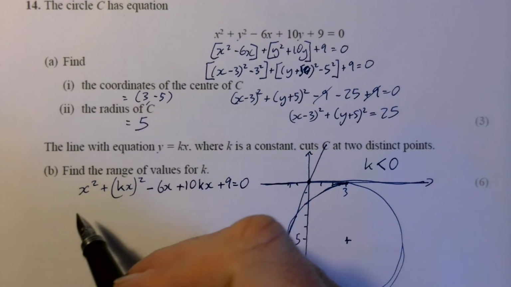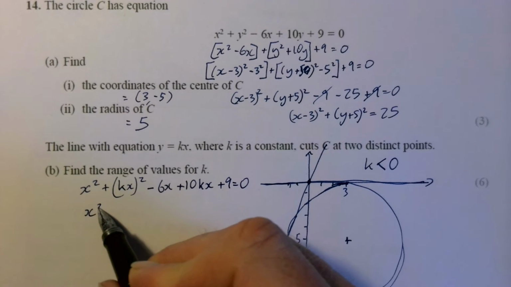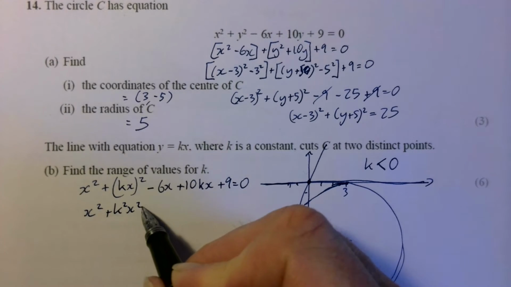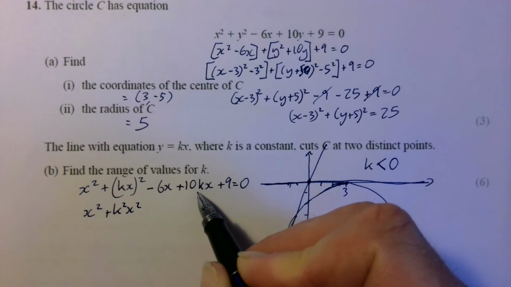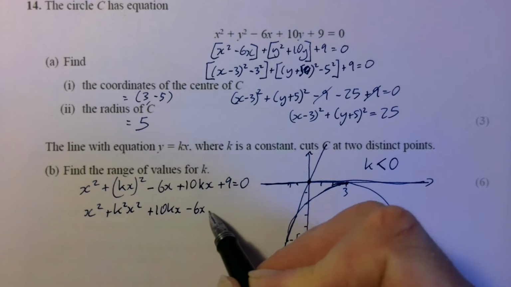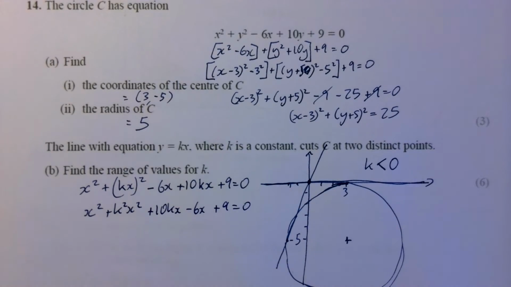So if I just open here, I'm going to have x squared plus k squared x squared, and then I'm going to group my x's. Oh, I've already got them, haven't I? Plus 10kx take 6x plus 9 equals 0.